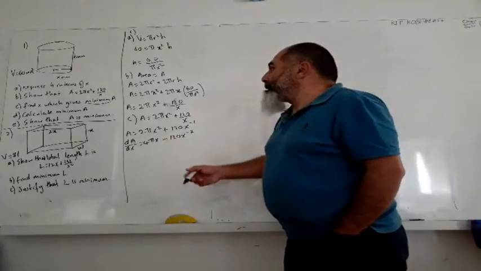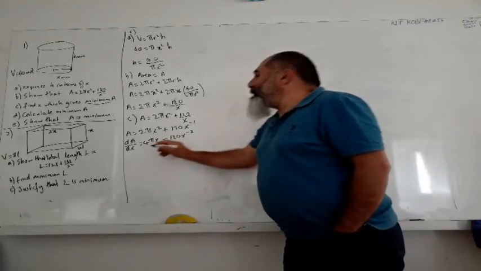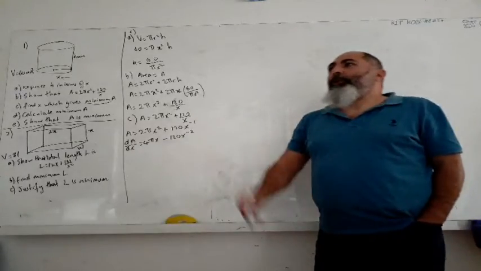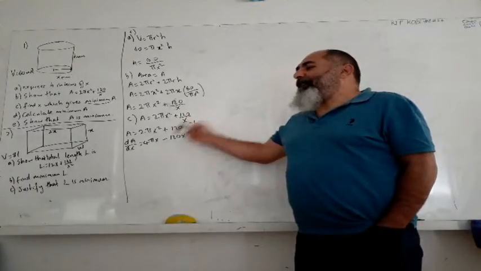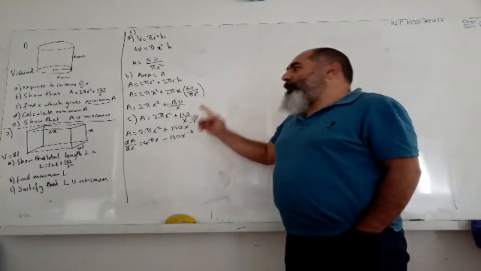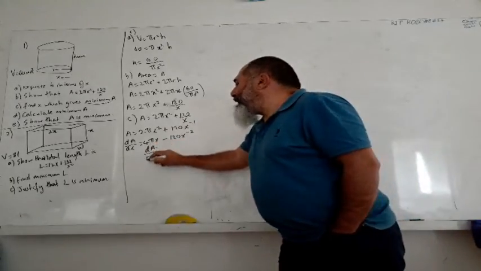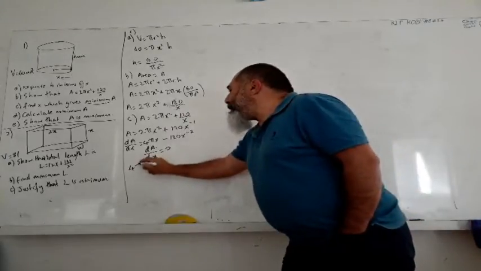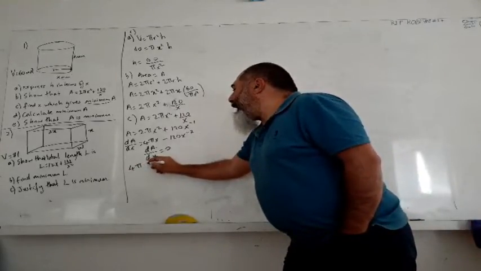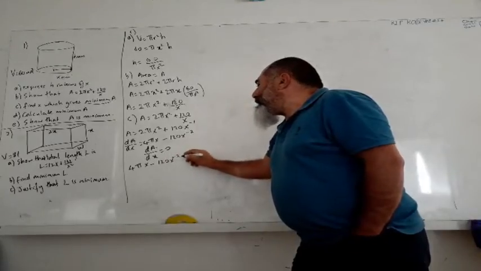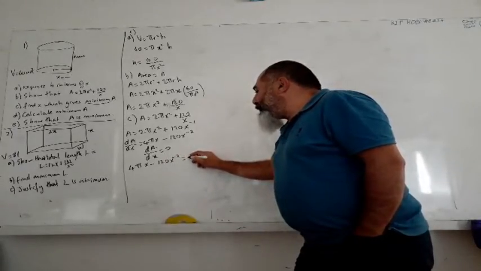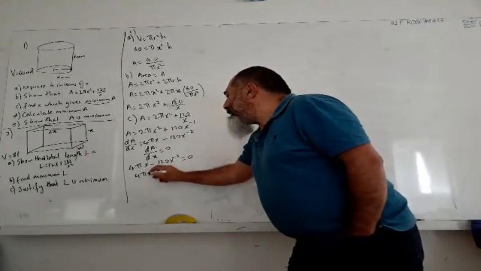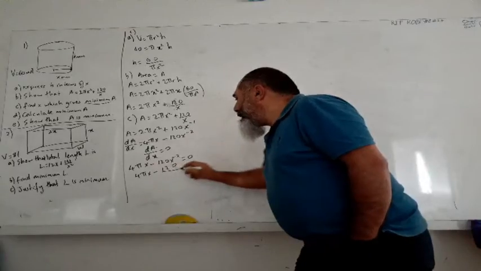And what was the second step that we learned before? First step was to find the derivative, that is differentiate with respect to x. Second step is to solve dA over dx is equal to 0. So 4 pi x minus 120 x to the power of minus 2 is equal to 0. It is better to write in this form. Then equate to 0.